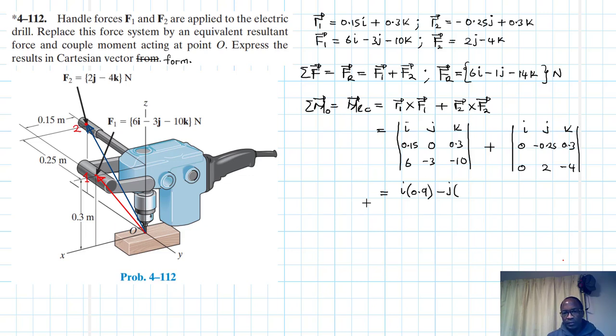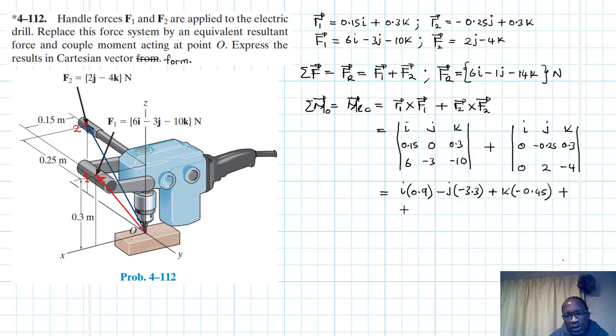That's minus 10 times 0.15, and minus 6 times 0.3. So this is minus 3.3, and then plus k. K just minus 3 by 0.15. So this is just minus 0.45.